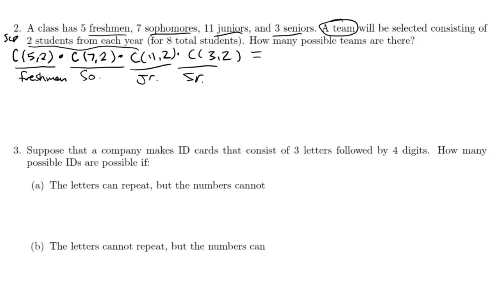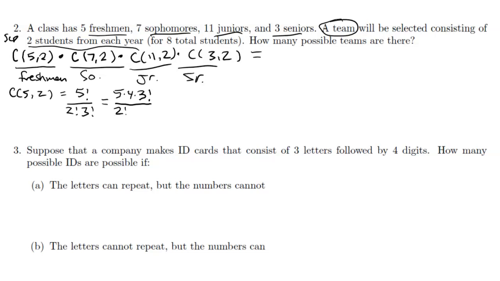So let's do, say, the combination of from 5, pick 2. That's going to look like 5 factorial divided by 2 factorial, and then 5 minus 2 is 3, so 3 factorial. Then we're going to write out 5 factorial, which is 5 times 4 times 3 factorial, where we stop at 3 and put a factorial on it to indicate the rest of the 5 factorial.